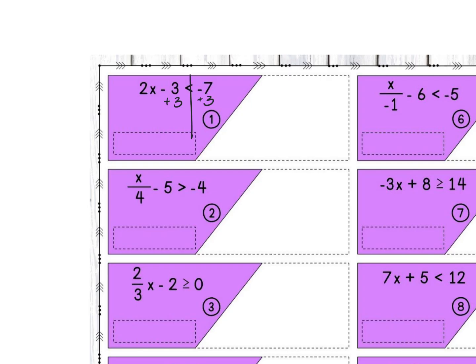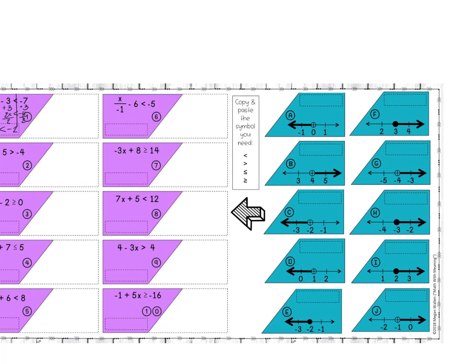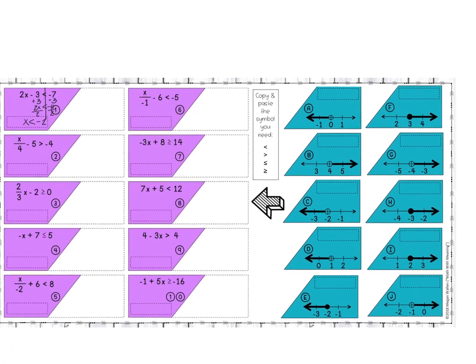First thing you're going to do with number 1, I need to get rid of that -3, so I'm going to add 3. You're going to have -4 and 2x, divide both sides by 2, and you have x is less than -2. Okay, so then I'm going to go over here and see which ones fit what I just did.